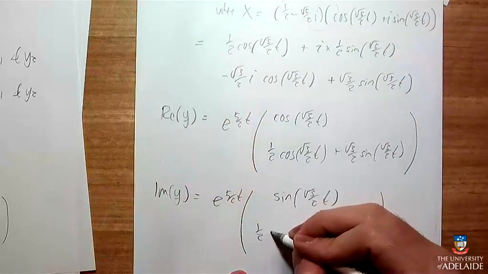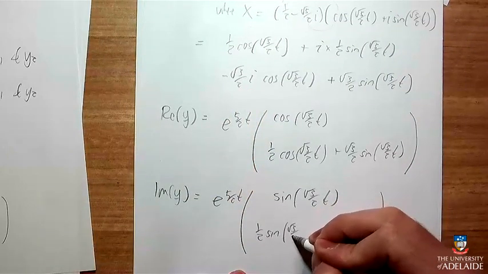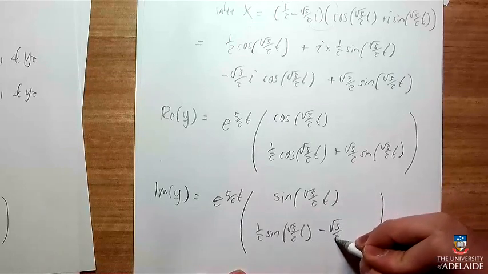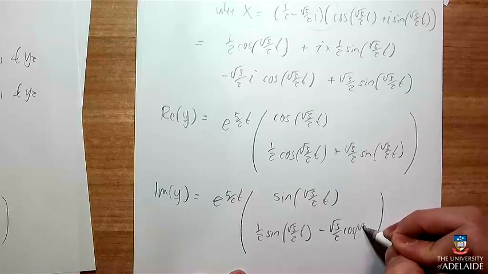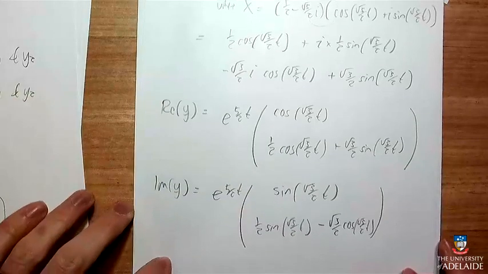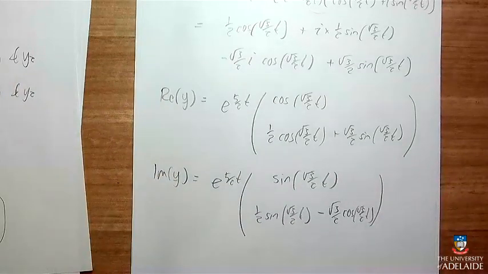So a half of sine root 3 on 2t, and those are my two solutions. Yay! And you'll note that they're both real now because I've removed all the i's.